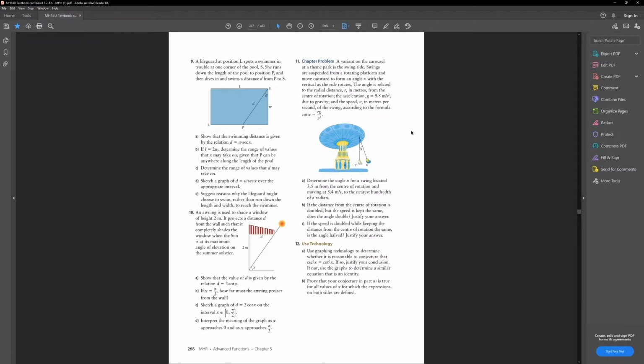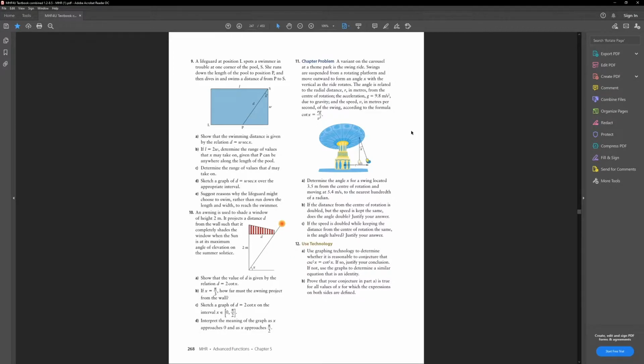We need to show that the swimming distance is given by the relation D equals W secant of X. So you just need to understand what secant means, which is 1 over cos, and cos means adjacent over hypotenuse, so secant is hypotenuse over adjacent.